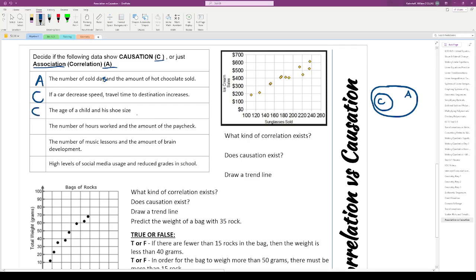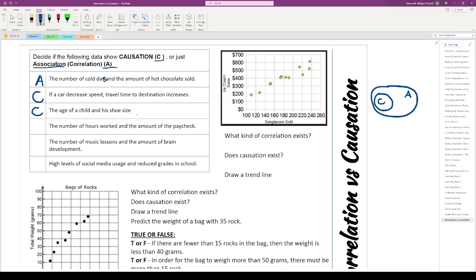So, number of hours worked and the amount of the paycheck. That one raises all kinds of questions because some people get paid by the number of hours and some don't. But again, here we're assuming that all of these present some kind of correlation. So all of these scatter plots would have some kind of relationship.